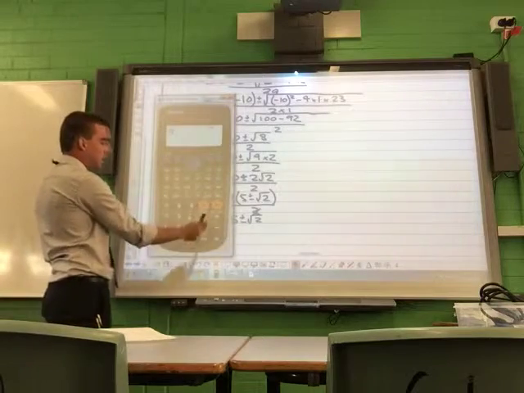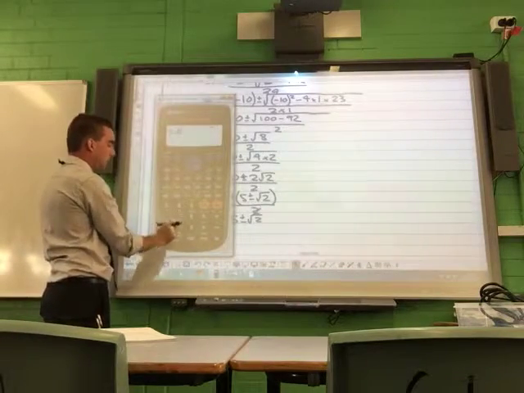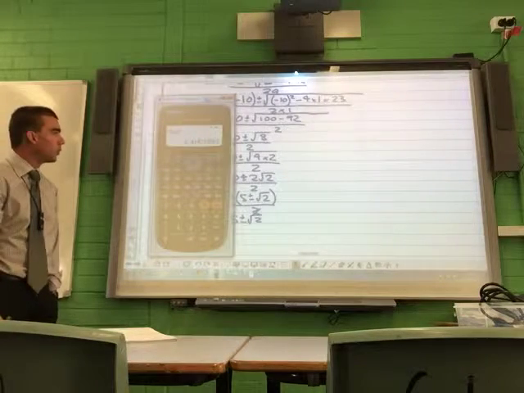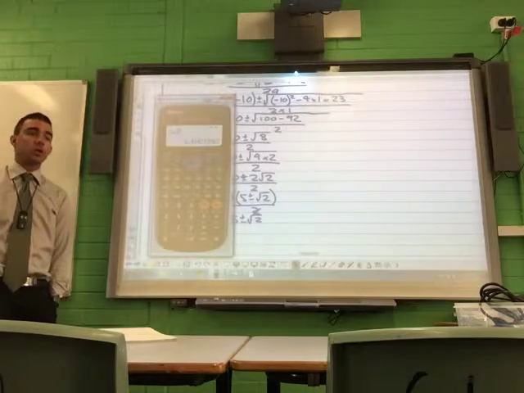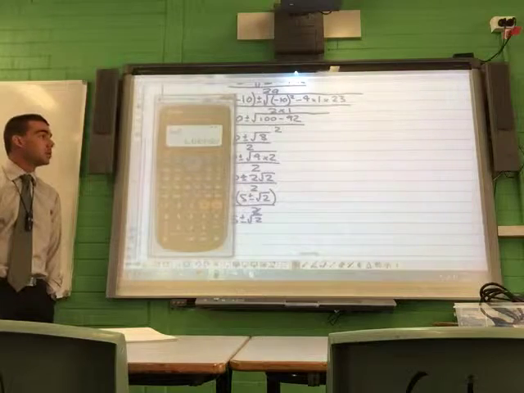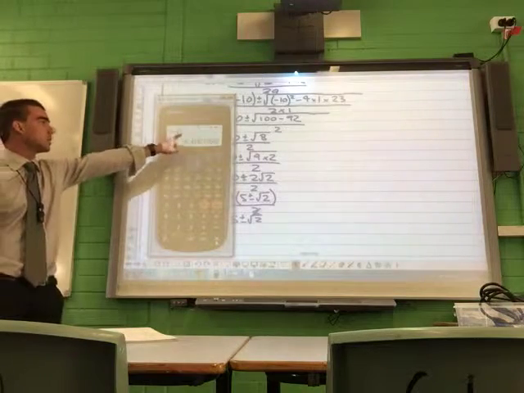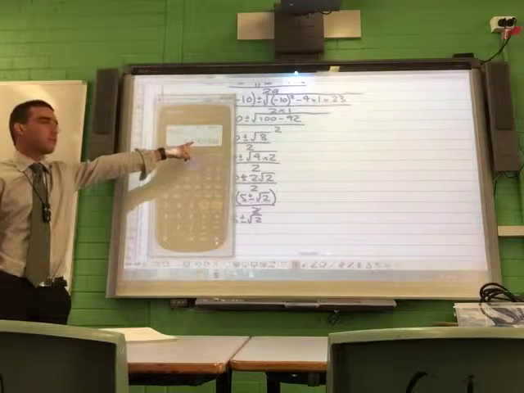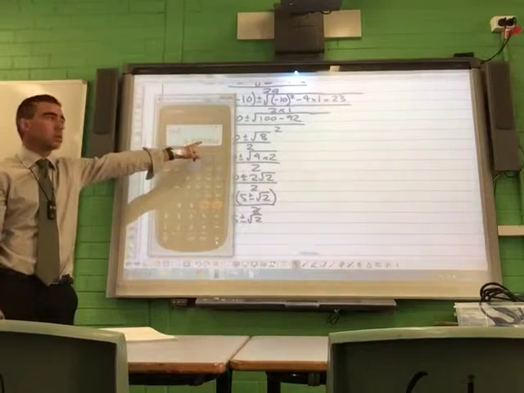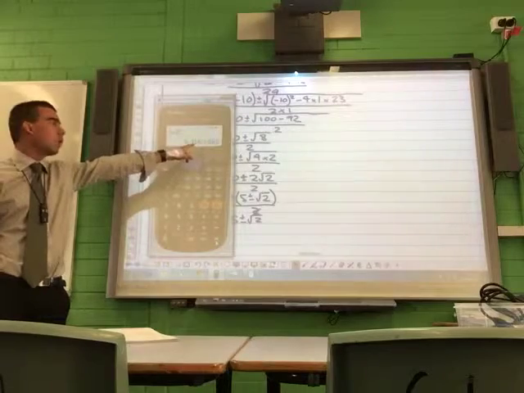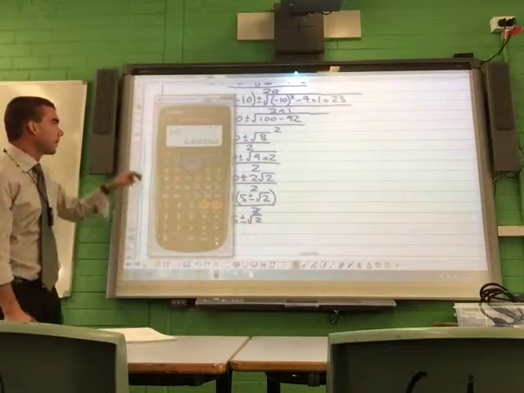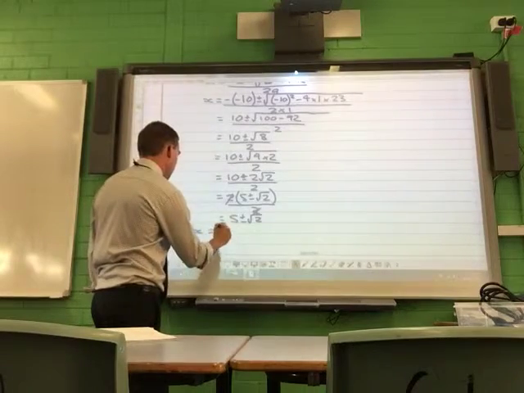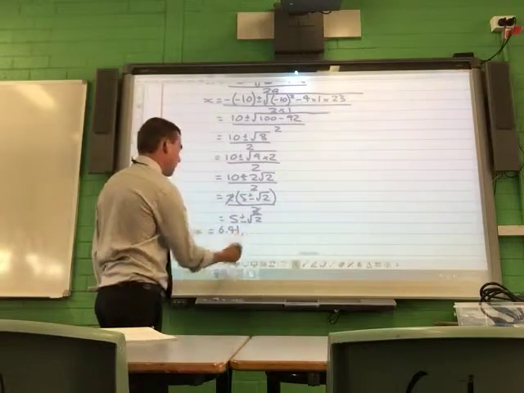So we go 5 plus square root of 2. That's what you get in your calculator, 6.414, and so forth. 3 significant figures are the first 3 digits which are significant, so that's the 6, the 4 and the 1. So we need to use that rounding skill after that 1. We look at the 4th digit, which is 4 or lower, so we leave it the same. So it'll be 6.41, so x is 6.41.